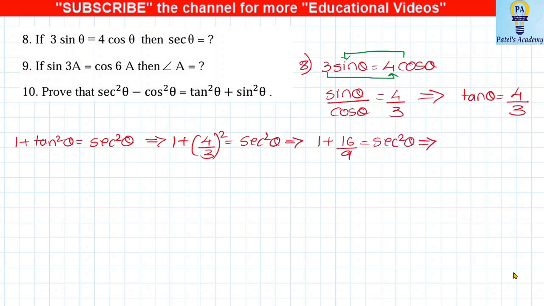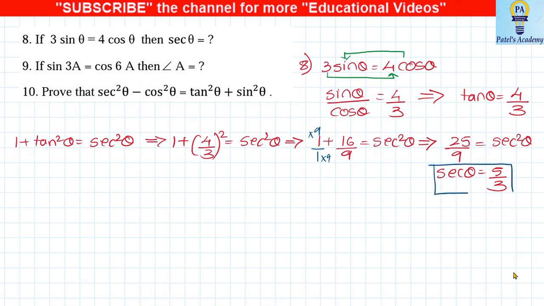If I do LCM over here, what I'll get is 1 into 9 is 9, and 9 plus 16 is 25. I'll get 25 upon 9, which is sec square theta. The last step, if I take the square root, what I'll get is sec theta equals 5 upon 3. That is the answer, sec theta, that is what you have to find out.